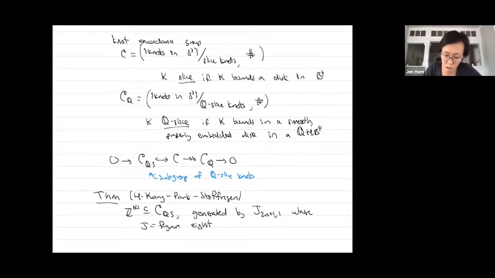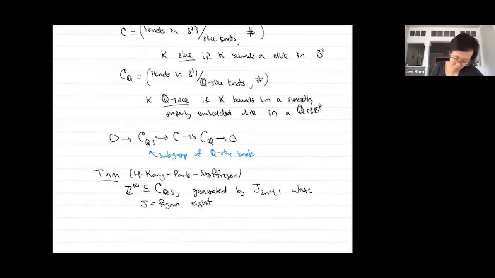Remember, the figure 8 is rationally sliced. So if I take a (p,1) cable of a rationally sliced knot, that's also going to be rationally sliced. So it's clear that these knots are rationally sliced. And so where is the work? Well, the work is showing that they're linearly independent.